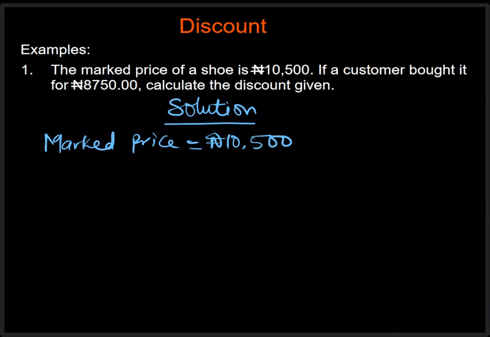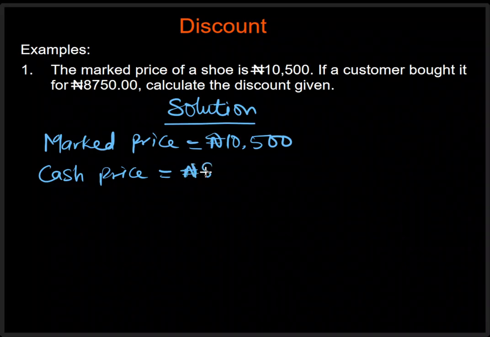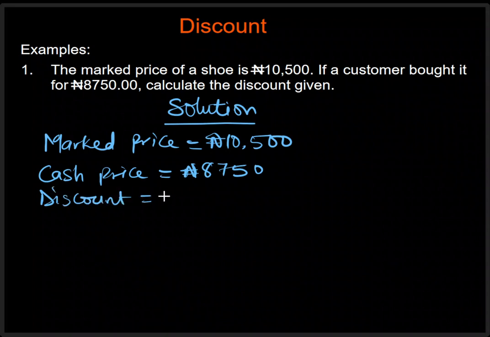If a customer bought it for this, that means the cash price, or the new price, is equal to 8,750 naira. We have to calculate the discount given, so the discount is what we are asked to find.